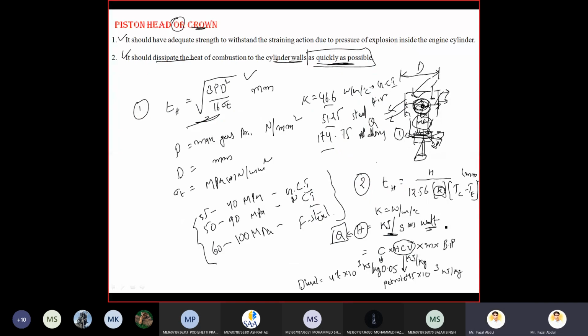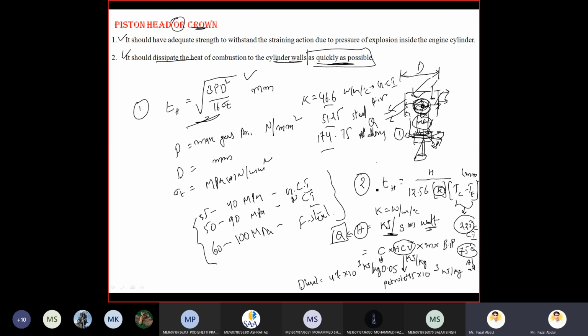So for the optimum value, the temperature difference Tc minus Te, we can take 220 degrees centigrade for cast iron material, otherwise 75 degrees centigrade for aluminum alloy material.